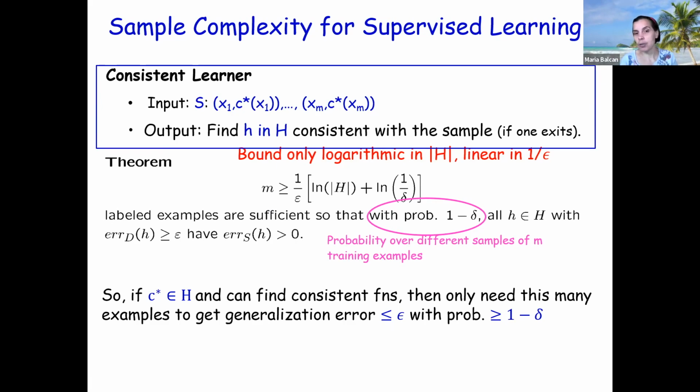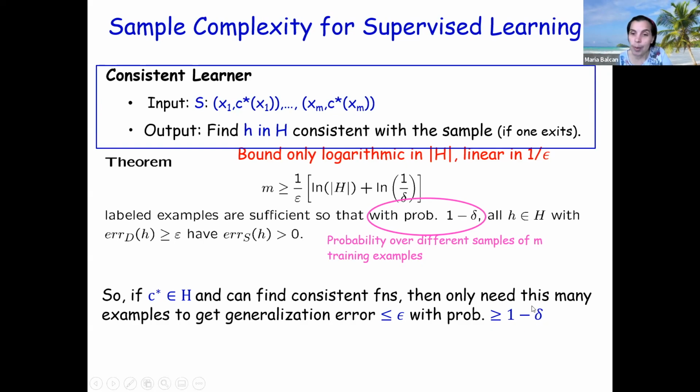Right, so again, basically what the bound tells me is, if I see these many labeled examples, if the target function belongs to the search space, and if I have a consistent learner that is able to output a classifier that perfectly classifies the training set of examples, then I know that these many labeled examples are sufficient so that I'm confident that my consistent learner outputs a classifier that has true error rate at most epsilon with high probability at least 1 minus delta.